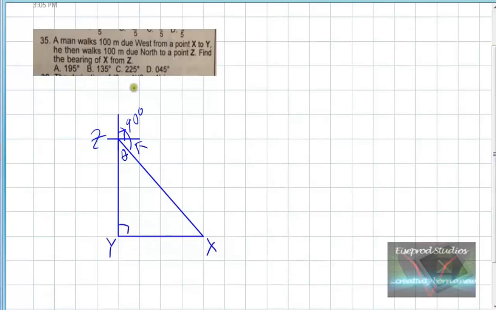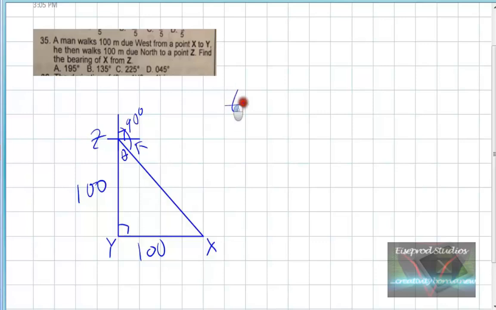So they told us that each of these lengths is 100. And if you notice, in terms of the angle of interest, we have an opposite and an adjacent side. So that means we have tangent, because tangent is opposite over adjacent.